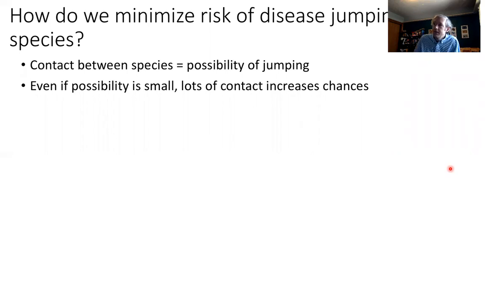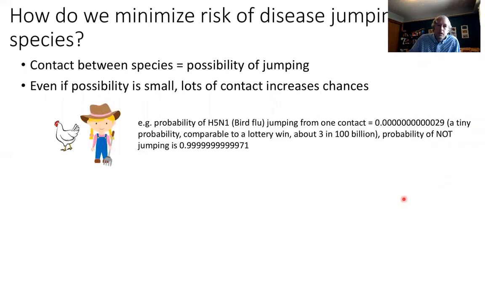So let's think about one of these examples. Here we've got a chicken and a person. Chickens, as a lot of birds, can contract bird flu. So we think about the probability of it jumping. E.g., the probability of H5N1, or bird flu, jumping from a chicken to a person from one contact is about 0.00000000029.